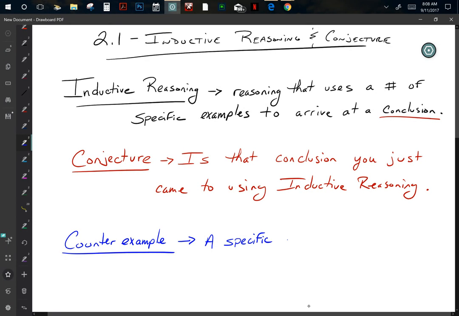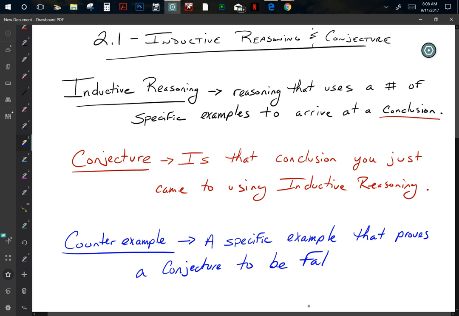A counterexample: a specific example that proves a conjecture to be false.